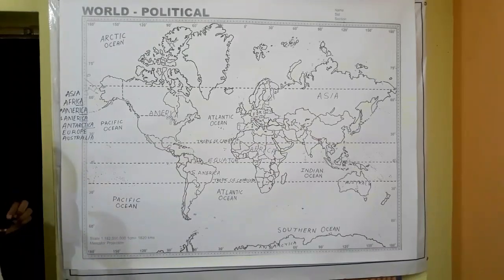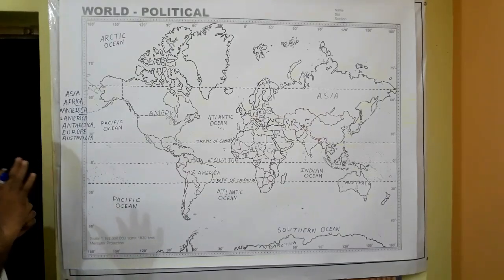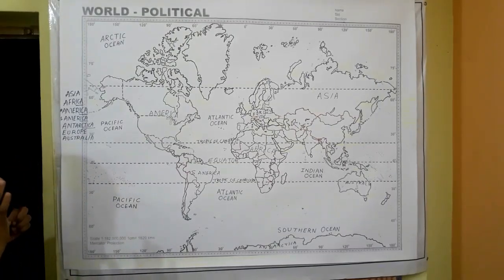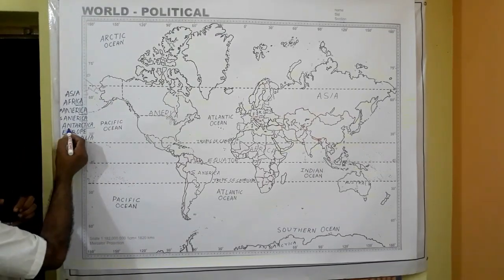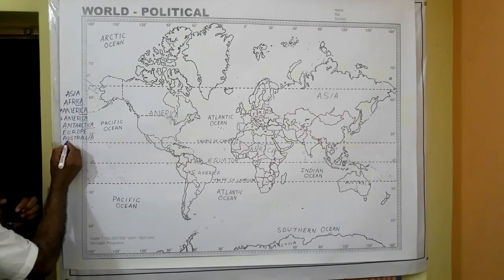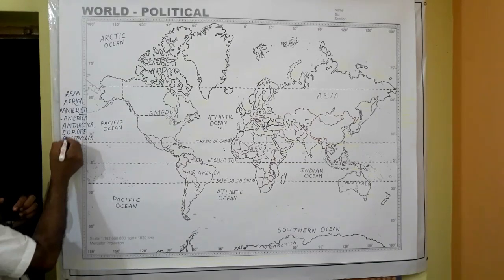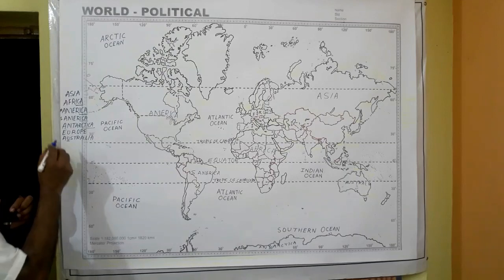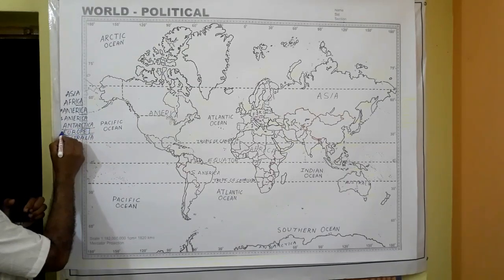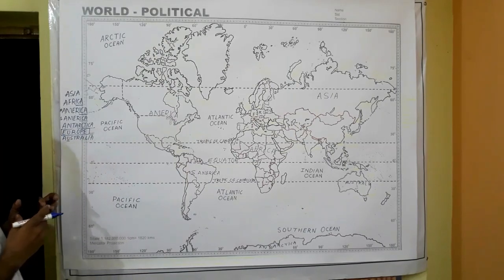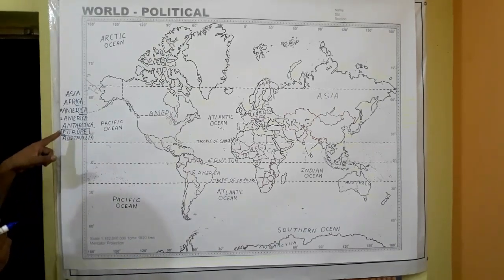Then comes Europe, and finally Australia. So here one point is all the continents we cannot remember with a trick, but one thing is certainly important: Australia also, after A, U comes after M. The only exception here is Europe. So Europe is the only exception where you have to write it in the sixth position.